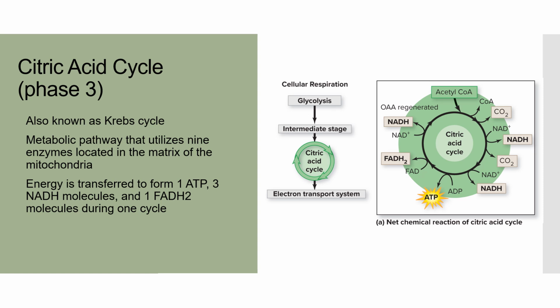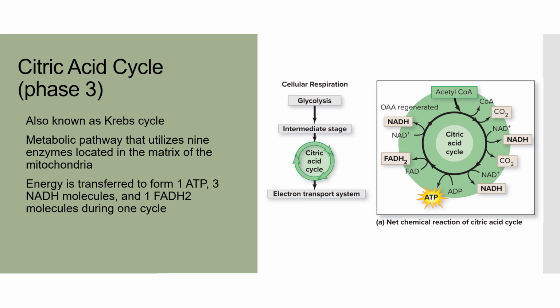These electron carriers, such as NADH and FADH2, carry high energy electrons to the next stage of cellular respiration. The citric acid cycle also generates a small amount of ATP directly.